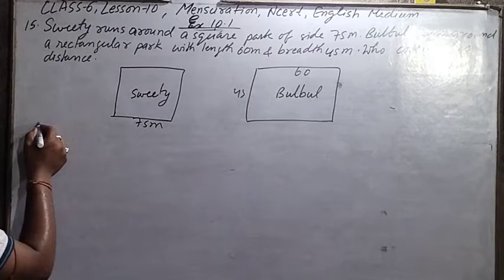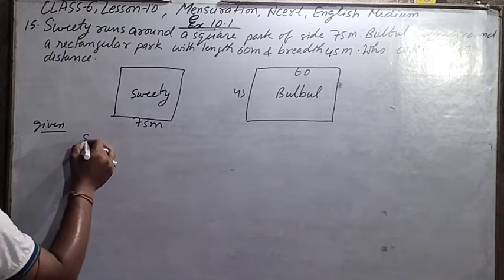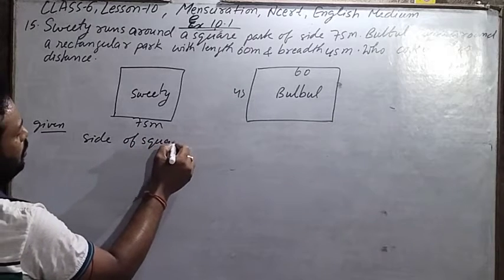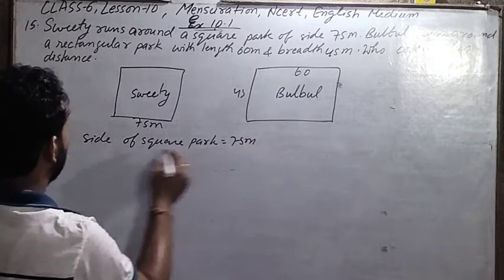So first we will write given: side of a square park is 75 meter.